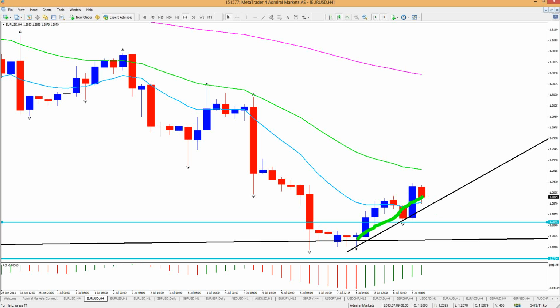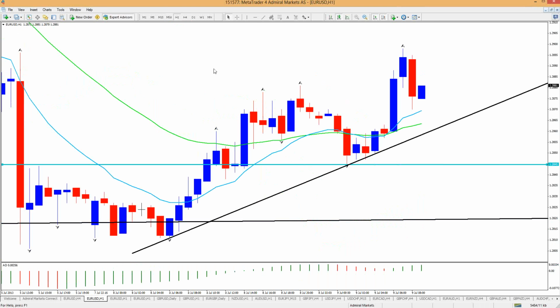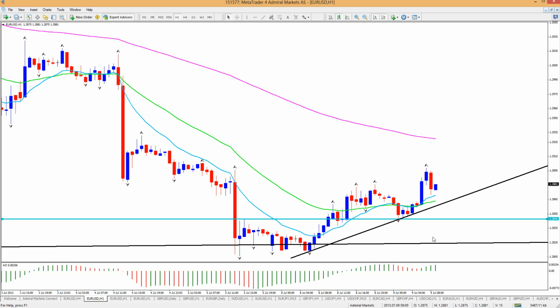Price action is bullish now, although we're in a downtrend. So I want a break of that bullish resistance, or support, sorry, before trading it to the downside. So I'm not looking to trade it to the upside because that's counter trend, as I said.